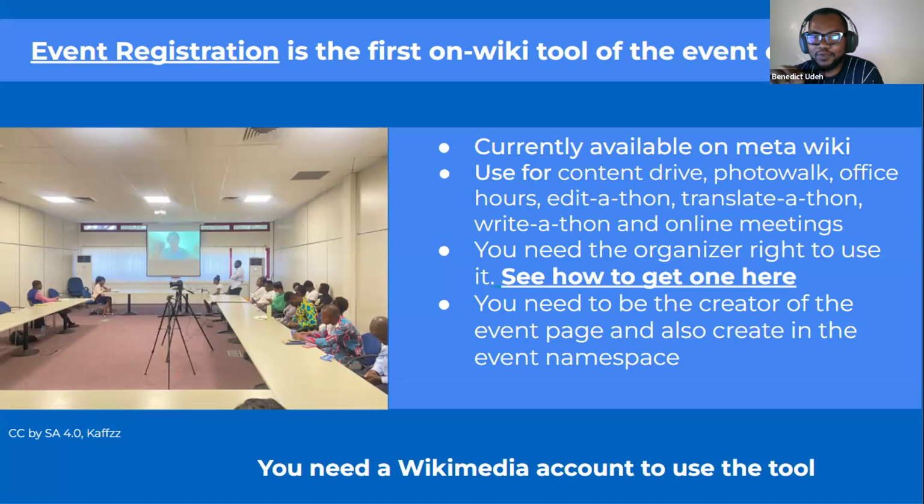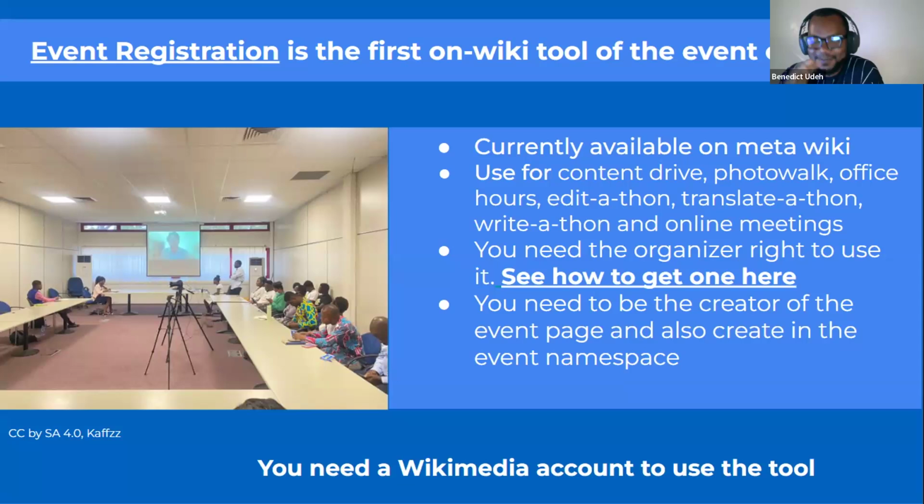Some other times, if you don't use the Google form, you might have participants register manually on the events page. They would go and edit the events page and put in the wiki signature button, and sometimes you even tell them to type in their name. So whichever category you fall in, the event registration tool is there to make your life easier.